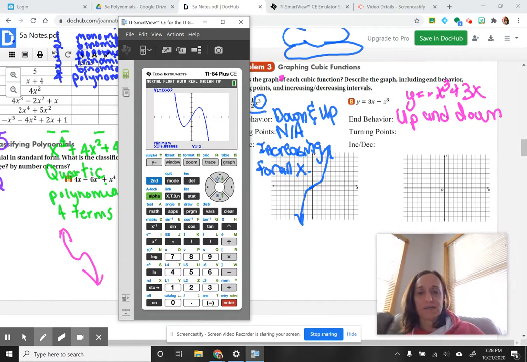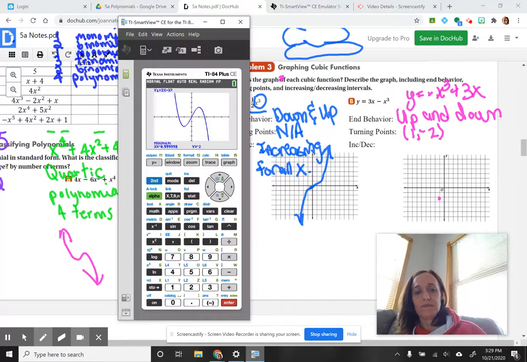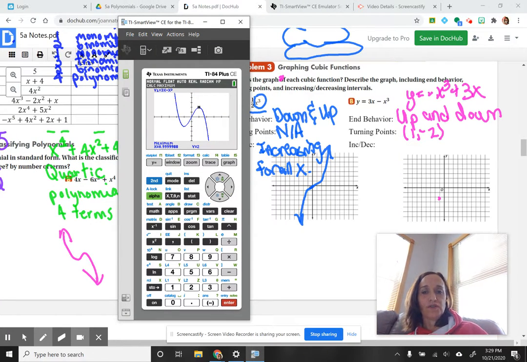I don't know why sometimes it doesn't nail it exactly right, but it's going to be 1, -2. The other one, second calc, and again, if you think you can do this on your own, you should. This is a maximum because it's a high point. Left bound maybe here. Right bound maybe here. So 1, 2.